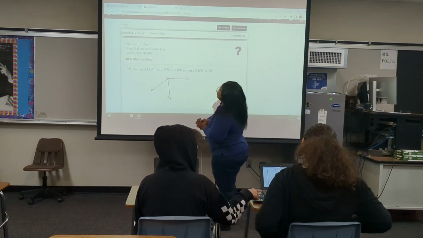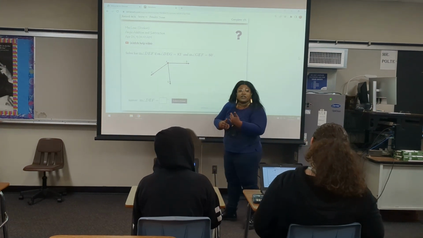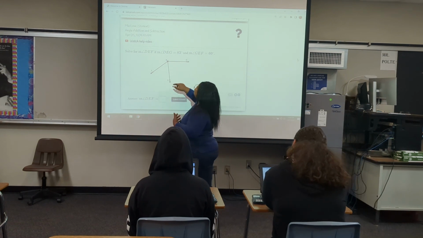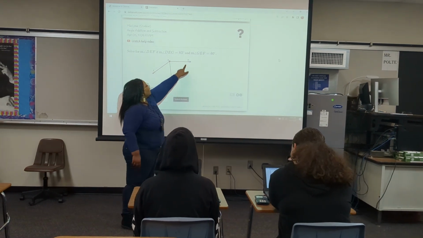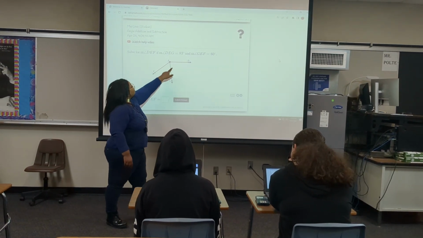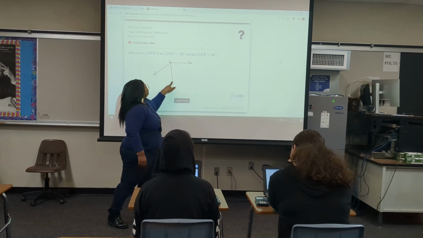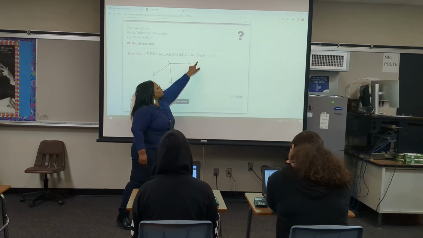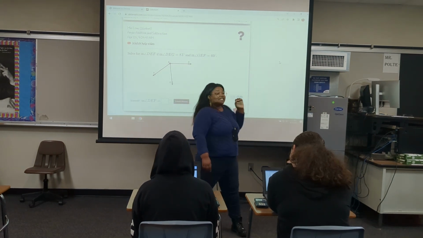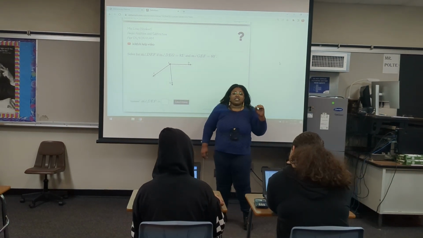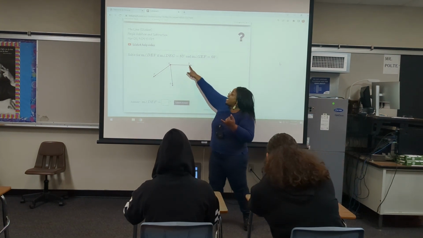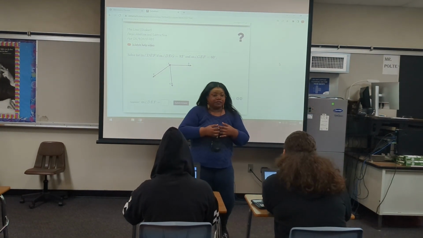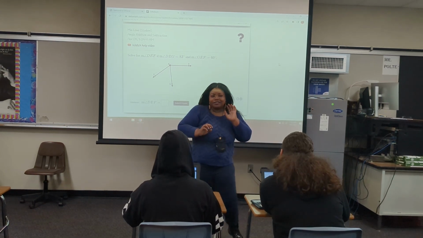Alright, so this one looks a little different because the degrees are right up here and not within the question, okay? So we're going to be finding DEG, and we're going to be taking these two sums right here, which is 83 and 60. Can you find the sum? You're going to add 83 plus 60, and let's see what we get. 143. What was that again? 143.